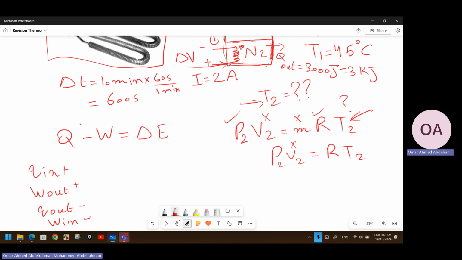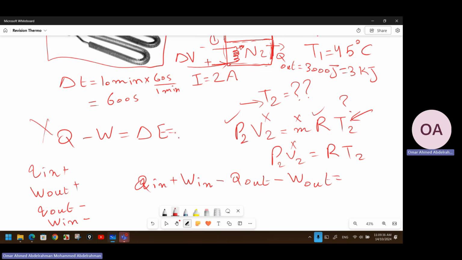So instead, I prefer that we make anything in as positive and anything out as negative. So Q in plus W in, both of them are positive. I put anything out as negative. So minus Q out, in kilojoule, the usual form, minus W out.